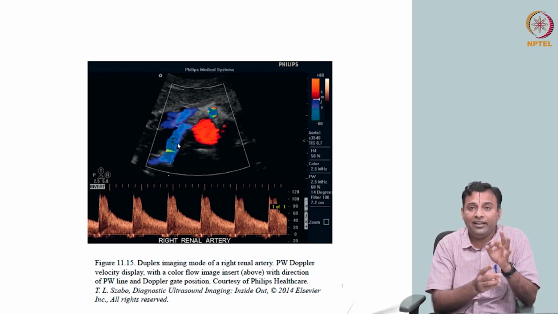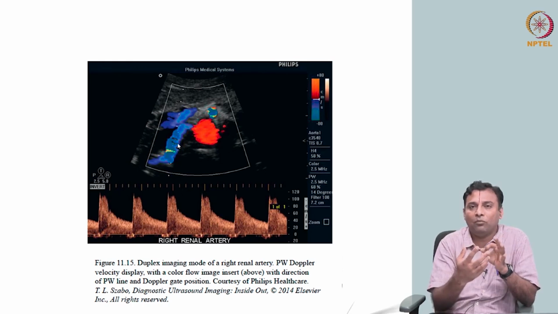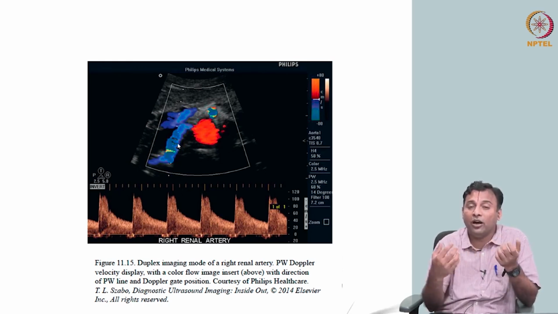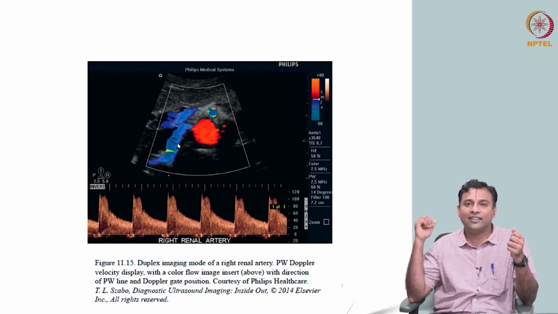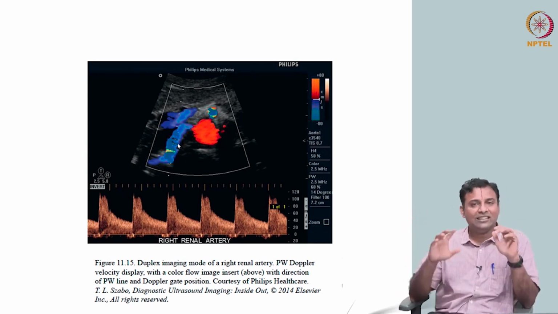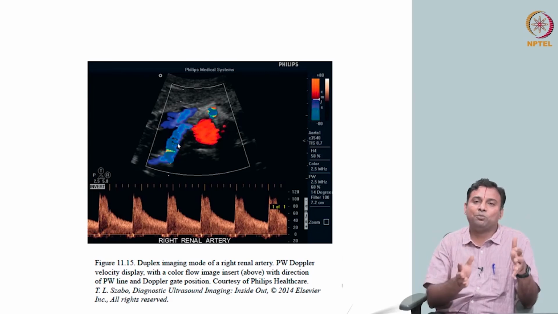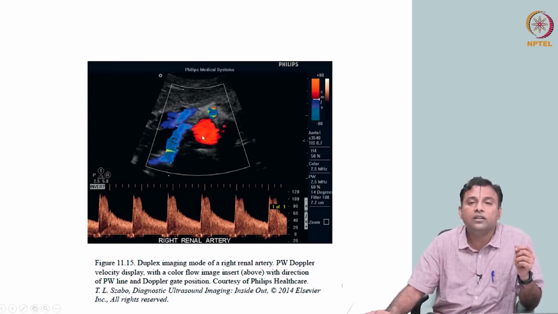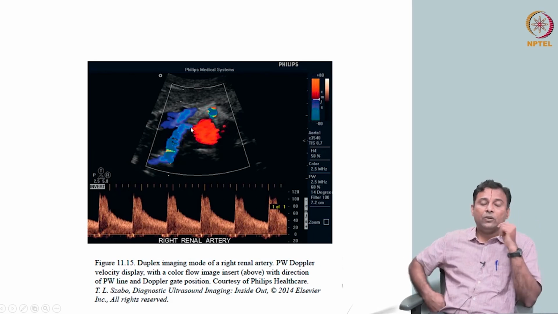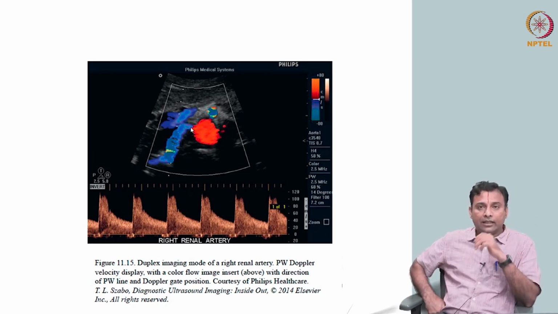There are other modes as well. C mode, like how you did computed tomography. The same thing can be done with ultrasound, right? You can have one transducer on one side and another transducer on the other side, through transmission. We have not covered that, but the most popular among them is your B mode in combination with your M mode and Doppler. Okay, so that is what we covered.